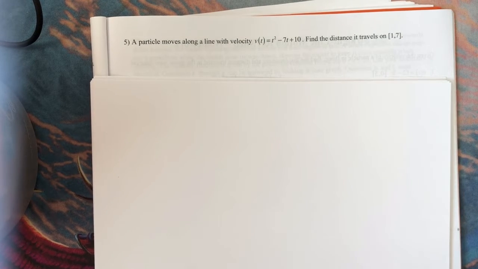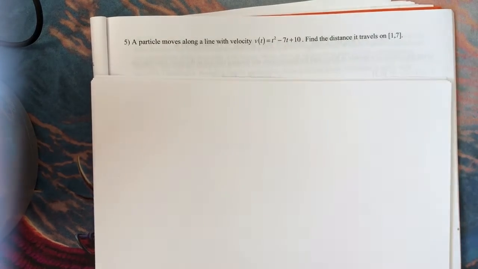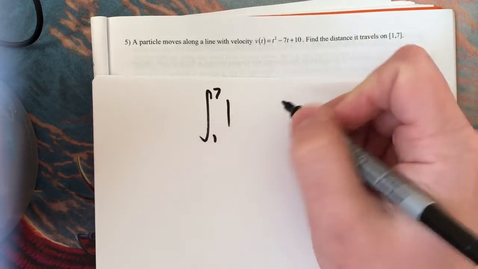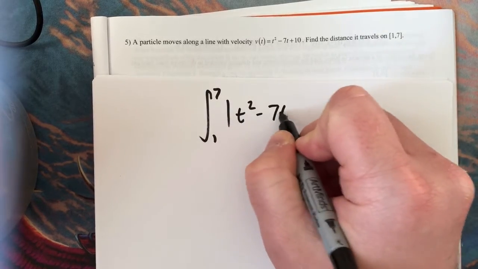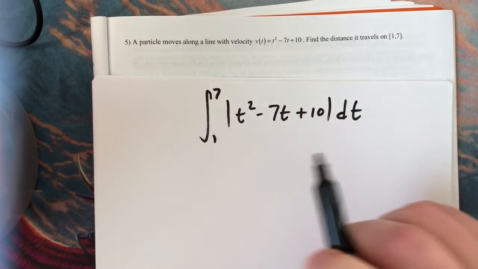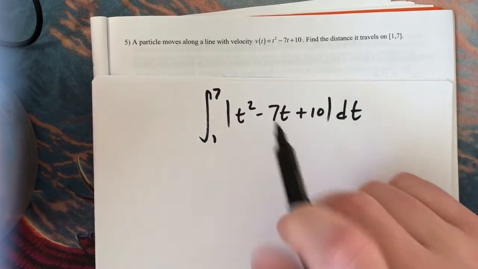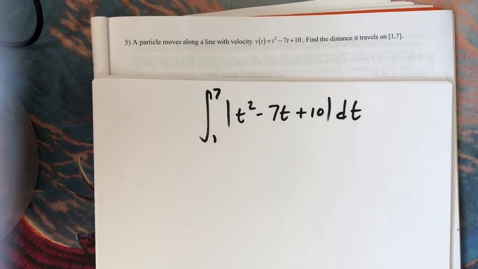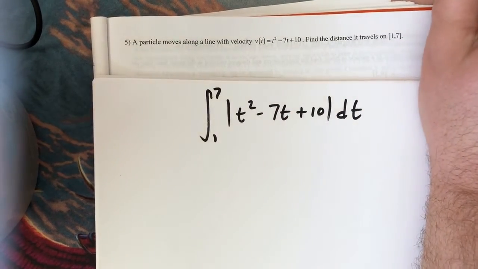Another way is to literally throw absolute value bars on this, and this will give us the answer. So I'm just going to go back into my calculator and throw absolute value bars on it.